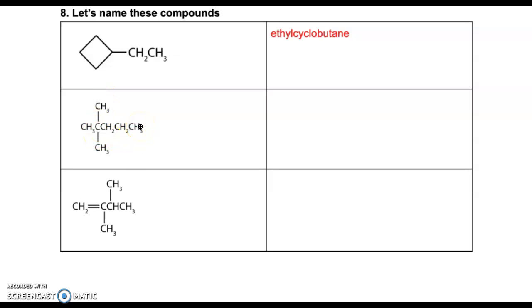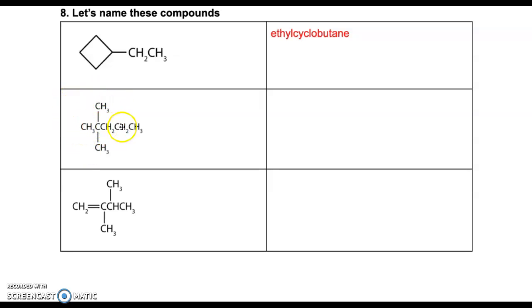What if we count from this side? Let's start from right to left. 1, 2, 3, 4, 5. Or this way, 5. As you can see, we prefer the smallest number for any attached groups.